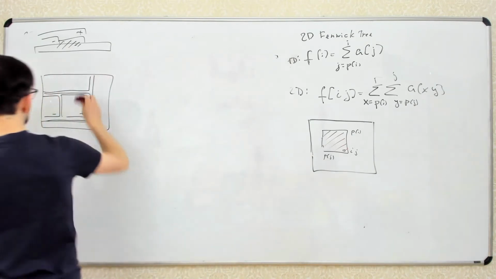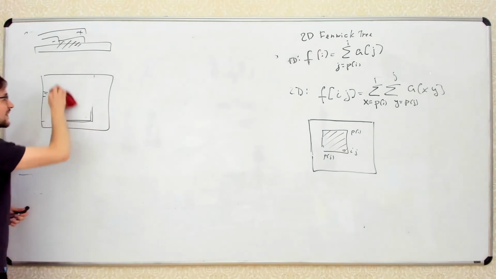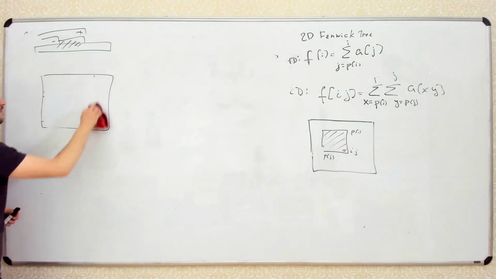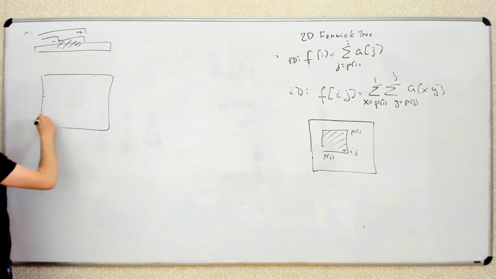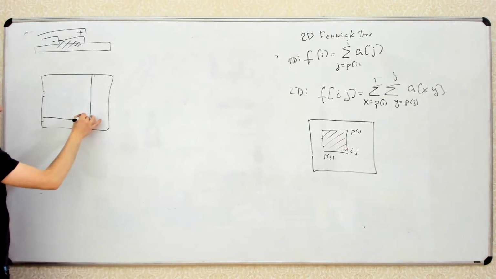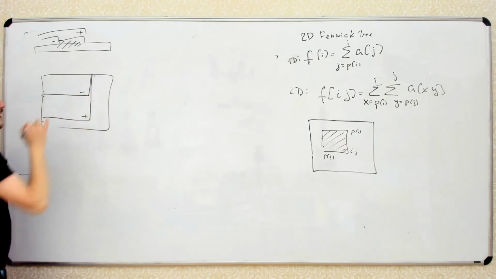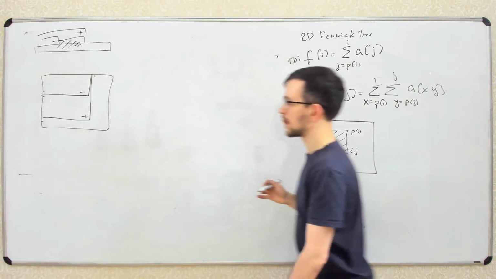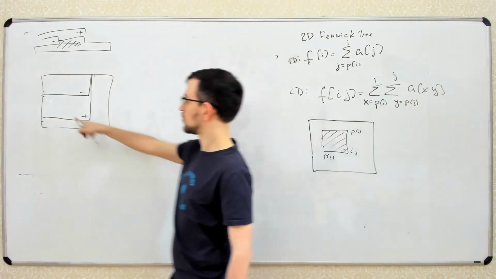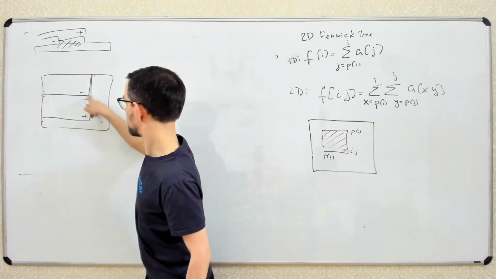It's too complicated a picture. So we take this rectangle minus this. This will give you the sum on this area.